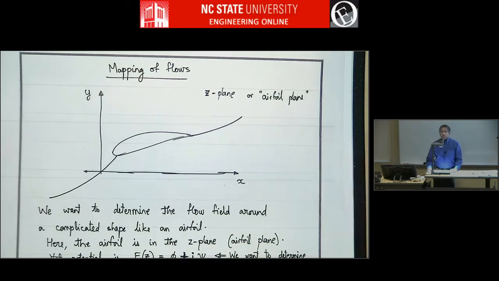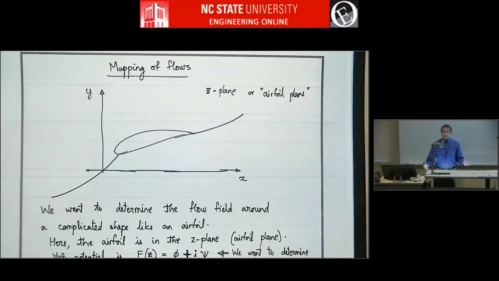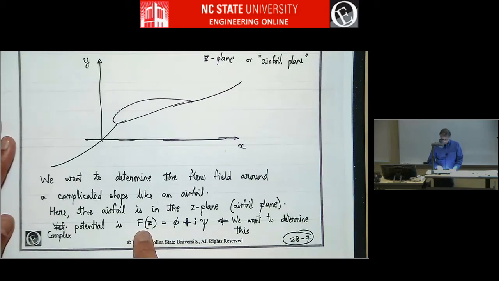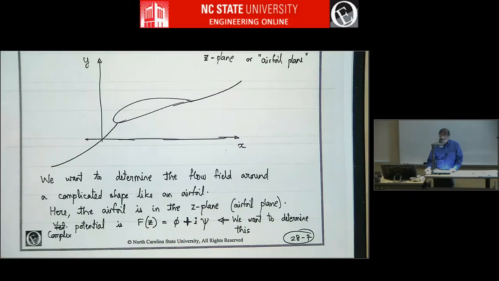So this is what we want to determine. We want to determine flow past some airfoil. And that airfoil plane will be called the z-plane. So we want to determine the flow field around this complicated shape. The airfoil is in the z-plane and the complex potential is going to be some function of z. So f of z is phi plus i psi.